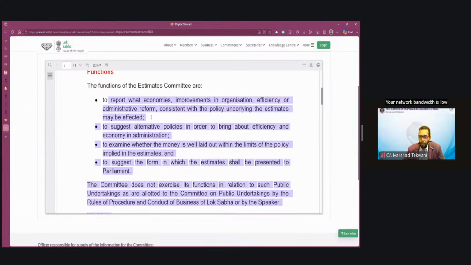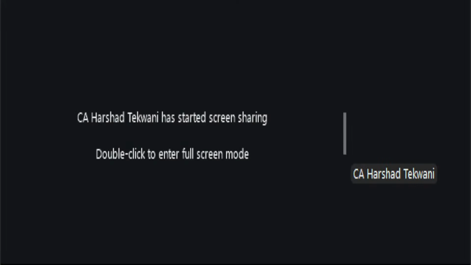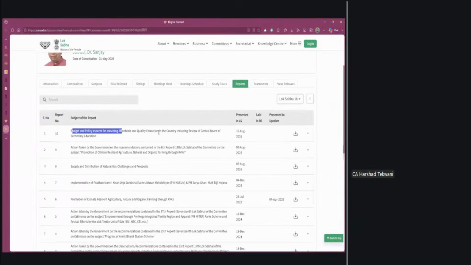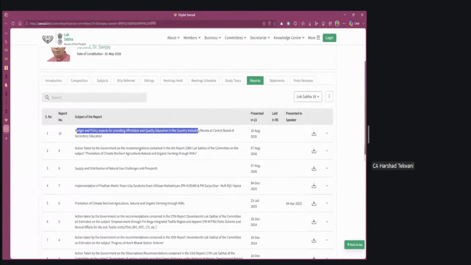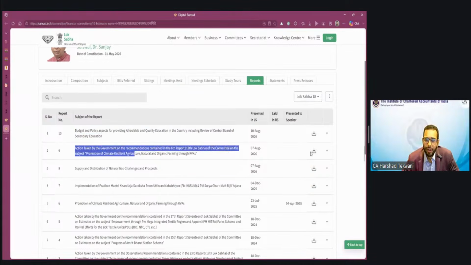Here, the policy aspect of providing affordable quality education in the country, or the action taken on the government's recommendations.